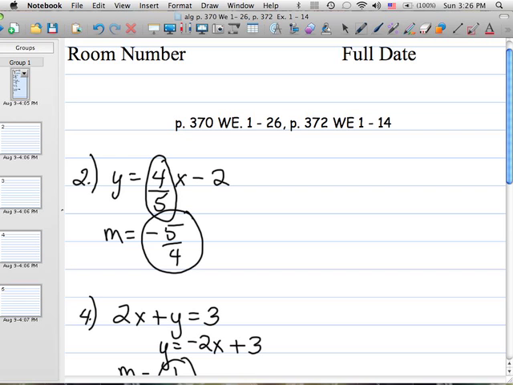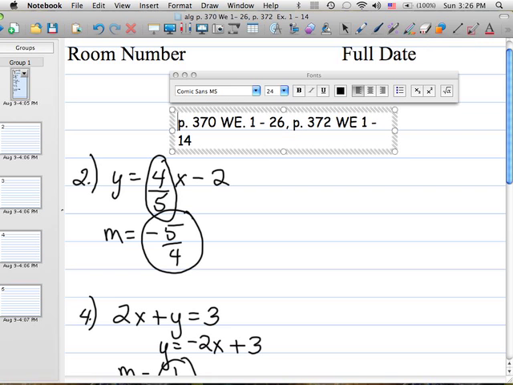This 370 should be 1 to 15. So we're going to have to change this. And 372 is 1 to 26.